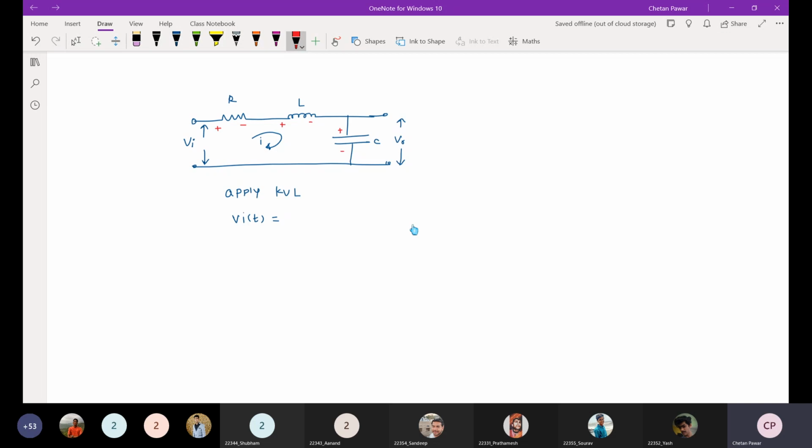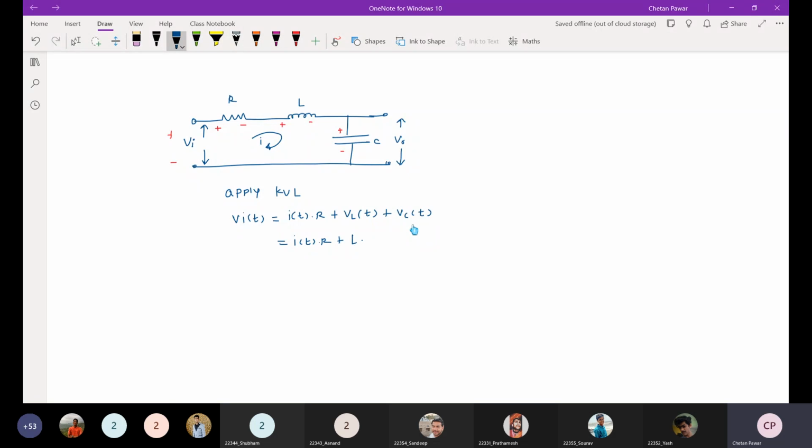So Vi of t is equal to I of t into R plus the voltage across the inductor plus the voltage across the capacitor, right? What is the voltage across the inductor, as we know?